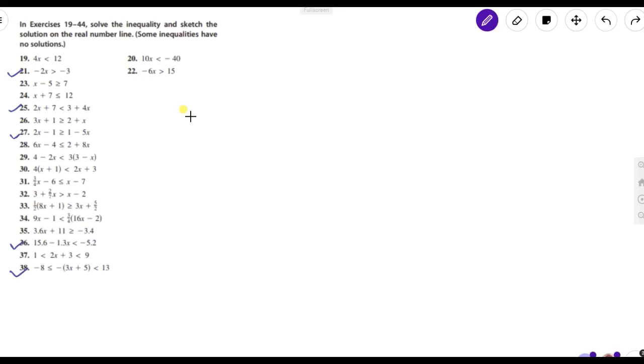Once we talk about question number 21, over here we are going to simplify. You can see that it has a negative sign at both sides, so you can cancel it directly, and this is it.